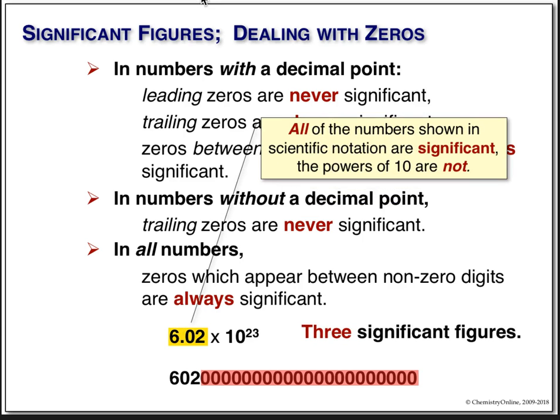Now, that's the really neat thing about scientific notation. The coefficient contains all of the significant figures, all of them. So if you see something in scientific notation, you know immediately the accuracy of that measurement. Any questions?